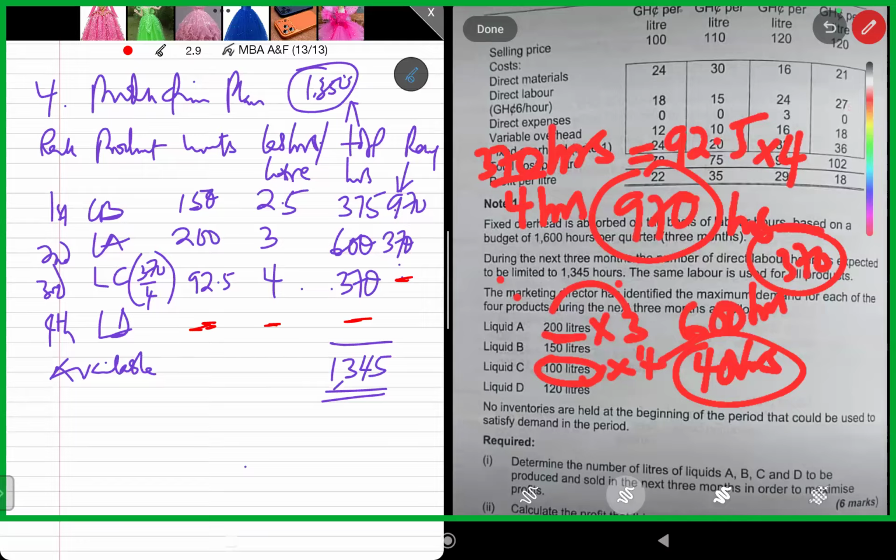Then the business must produce 200 liters of liquid A. For liquid A and B, all the totals will be produced, and they are bringing us the maximum profit. Then liquid C, the business cannot produce 100, but should rather produce 92.5 liters. For liquid D, nothing will be produced because the available labor hours cannot meet the production demand of liquid D.